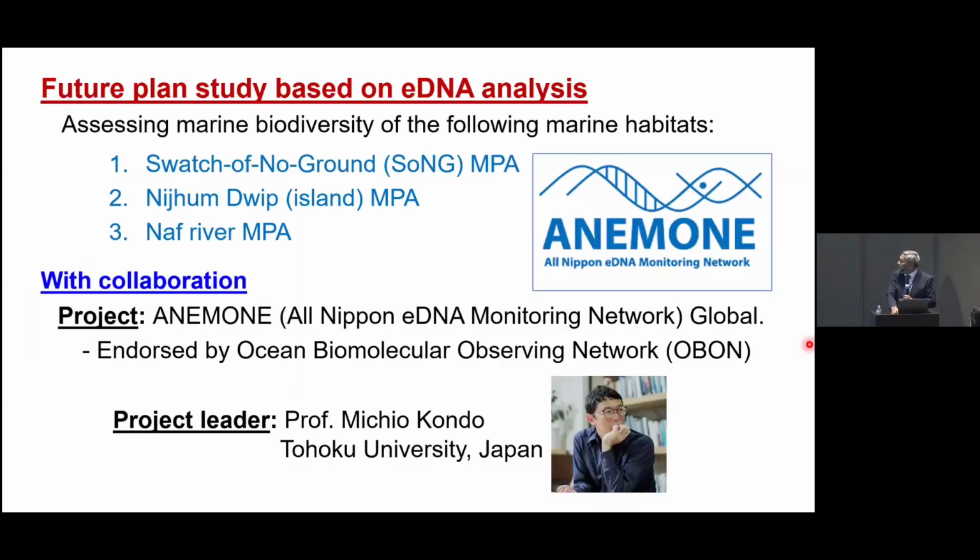In my future plan, I want to continue work with ANEMONE Global, especially with the MPAs. To monitor the MPAs, assessing the biodiversity in MPAs and changing diversity, I want to continue with ANEMONE Global.